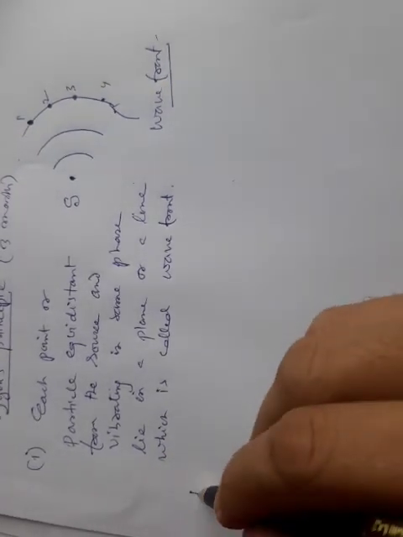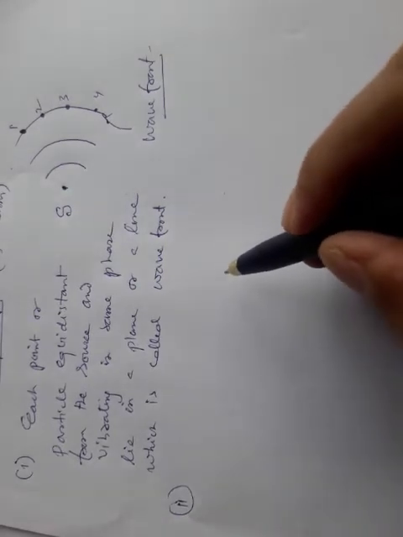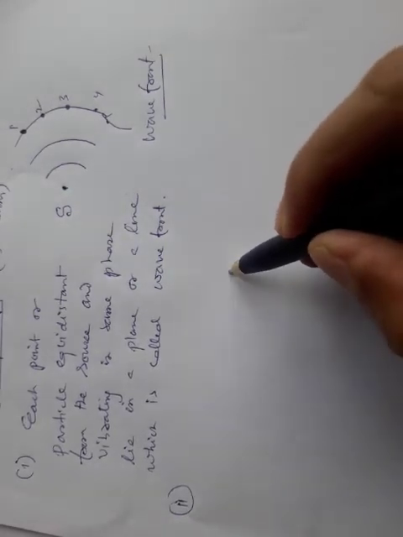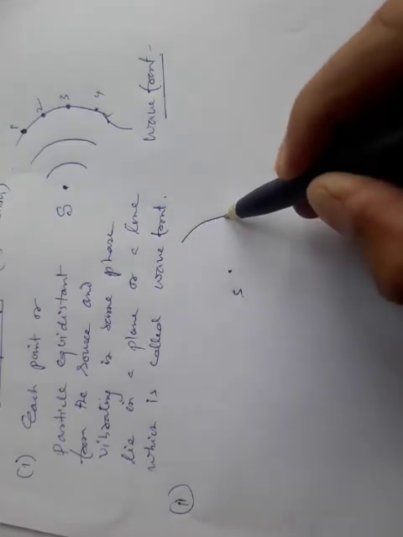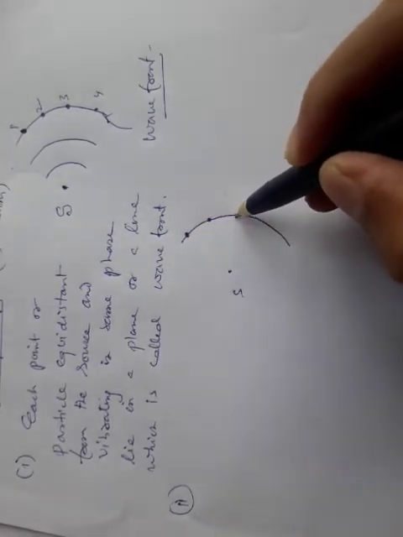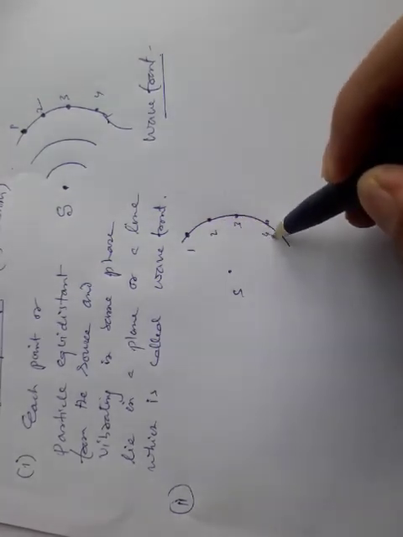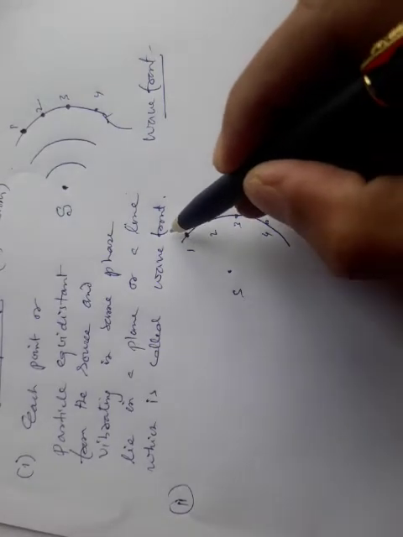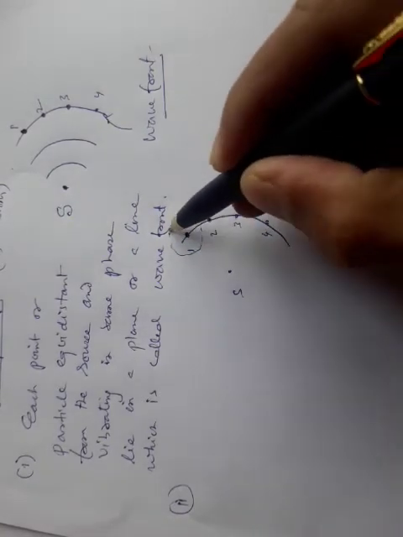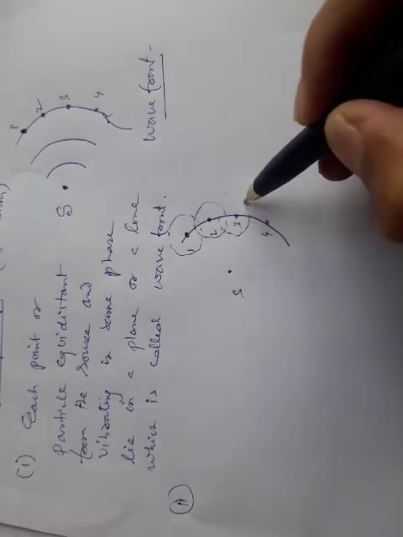And the second one, you see, say this is the source, for example, and here is the wavefront. Then each particle, like 1, 2, 3, will behave as the parent again. It means 1 also will start emitting light wave, 2 also, 3 also, 4 also.